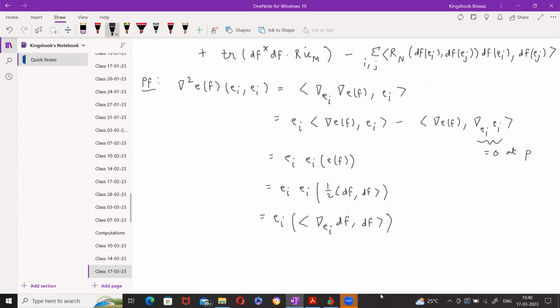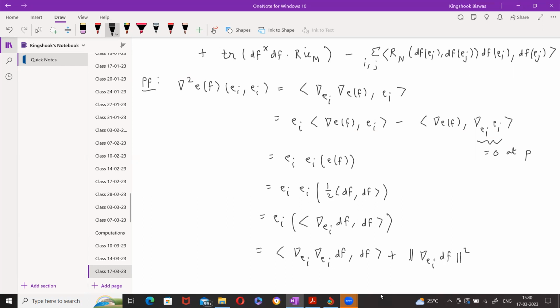Now e_i acting on this inner product will give you two terms, again by metric compatibility. You'll get nabla e_i df inner product with df, plus nabla e_i df inner product nabla e_i df. So that will give you the norm of nabla e_i df squared.